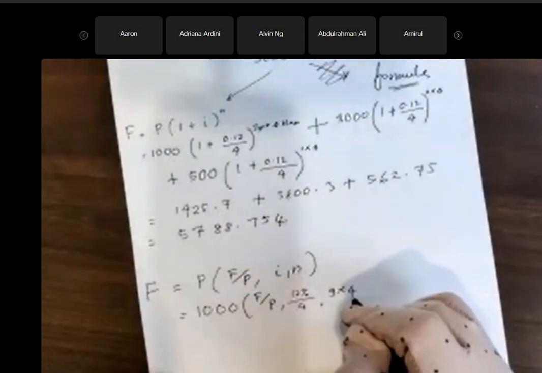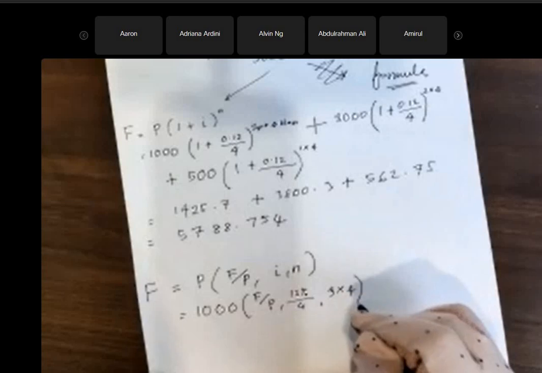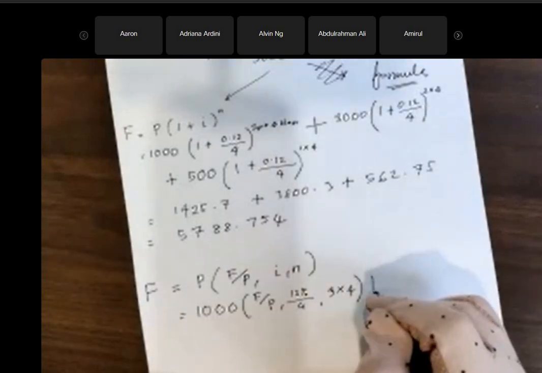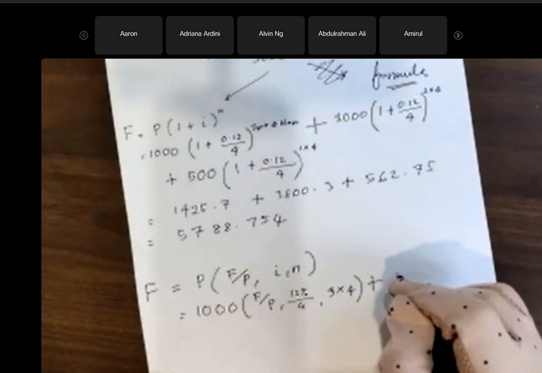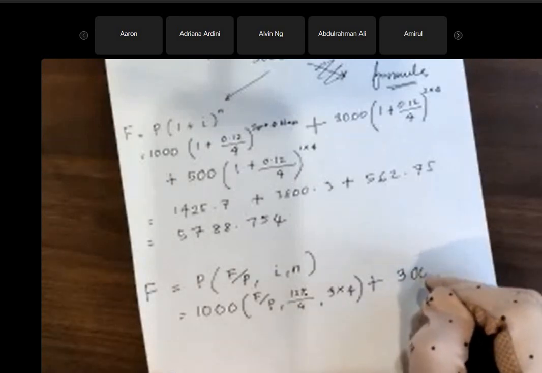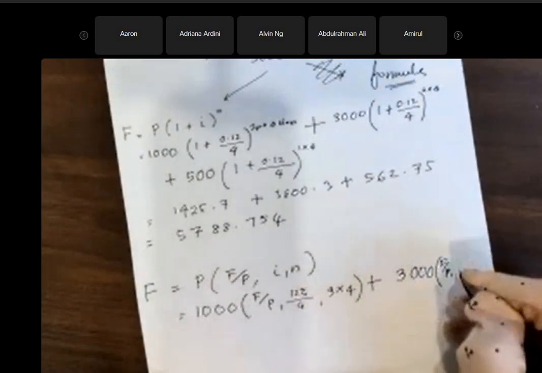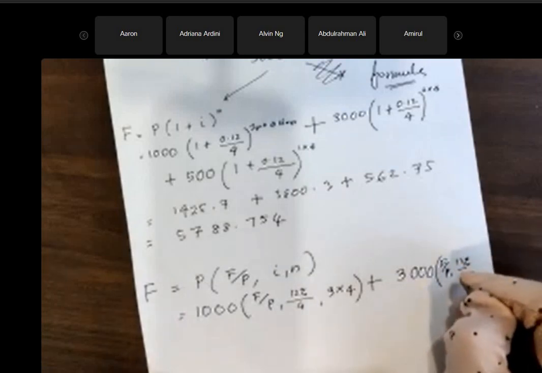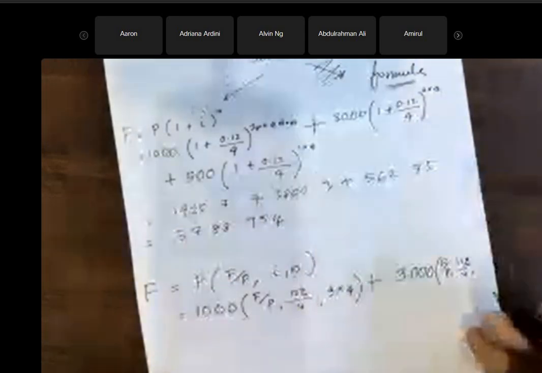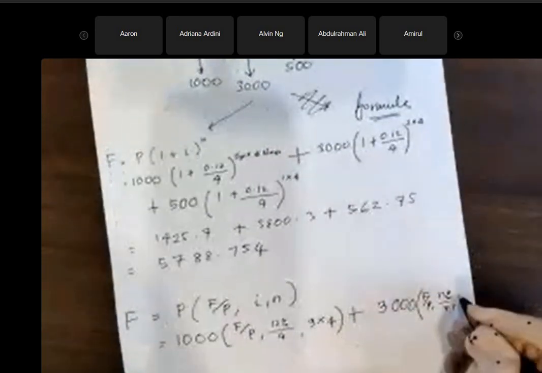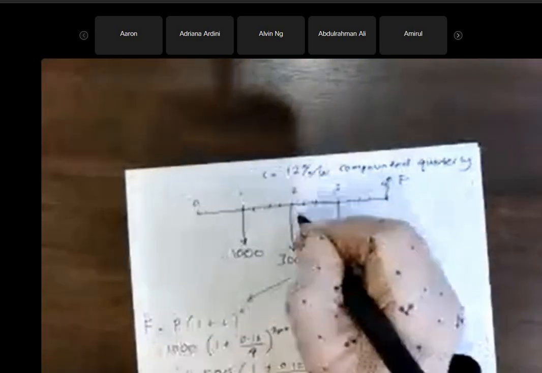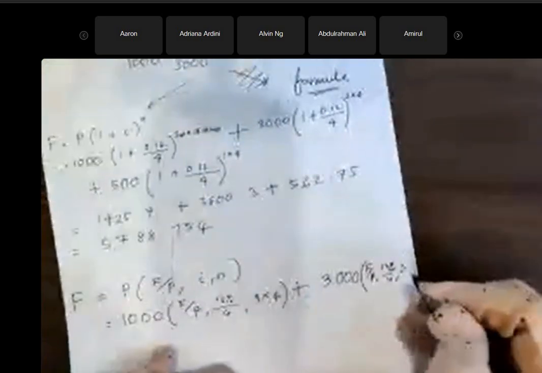Compounding is 4 times in a year. Plus 3000. Okay, F over P, same 12% divided by 4. How many? Its distance: 2 years, and times 4.